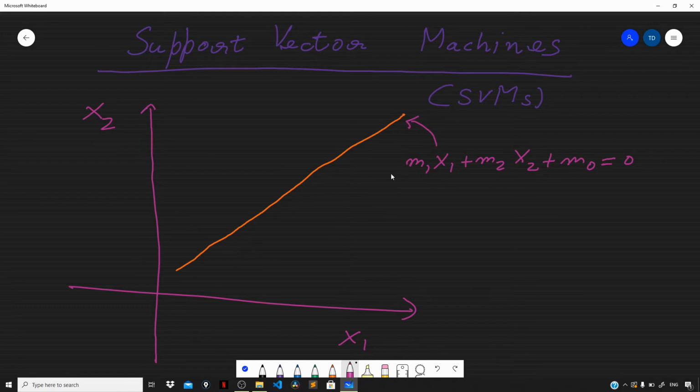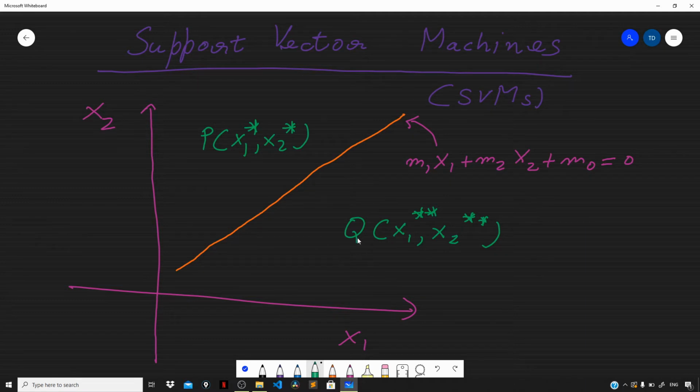So this equation represents the infinite number of lines that can pass through the given dimensional space that we are in. Now let us take 2 points in the given space. The first one right here, let this be x1 star and x2 star, and let the other point be right here, x1 double star and x2 double star. I'm denoting these points by p and q respectively.